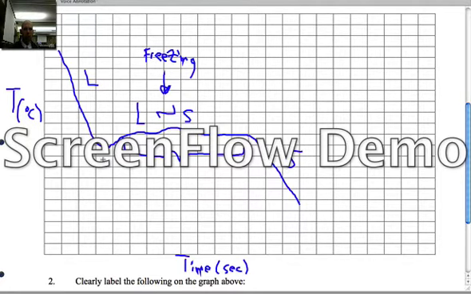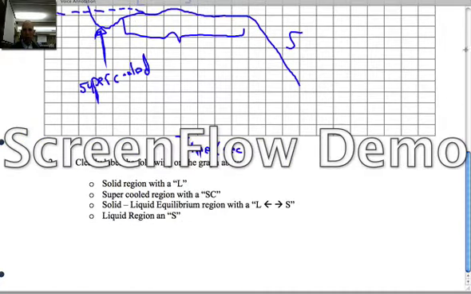Here, solid, and at this point right here it's a liquid, but it's a liquid below the freezing point, so that is where it is supercooled. It's a supercooled liquid in that case. So let's hypothetically identify this point right here as, let's say, 48 degrees Celsius. So that is the plateau. That's going to become important later on in these questions.